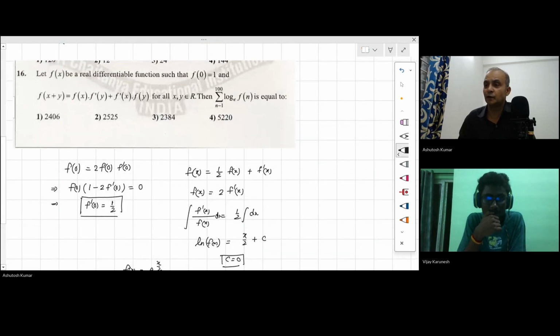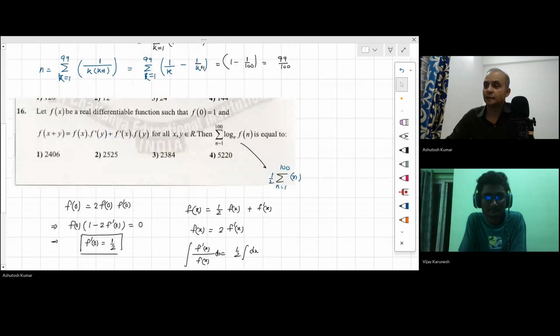So basically what they're asking is the summation, n goes from 1 to 100, of n by 2. Yes or no? Yes, sir. So this is the sum from n equals 1 to 100, first plus last is 101, and 50 pairs, divided by 2. So what we get? 2525.